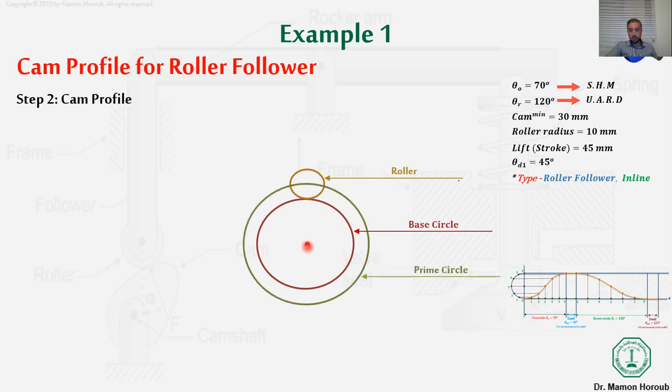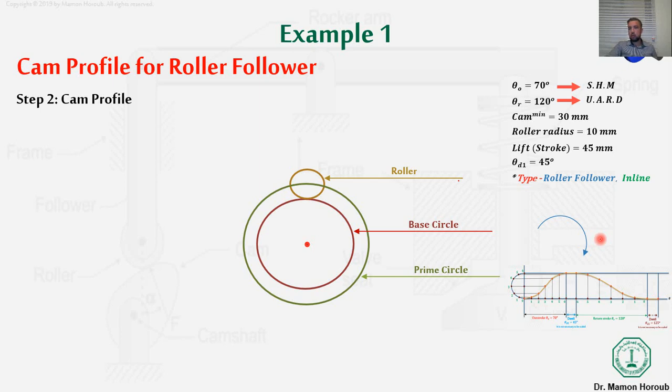The prime circle has a radius equal to the distance between the center of my cam and the center of my roller. So I just use the tool here using the half radius of the circle, then draw the green one.